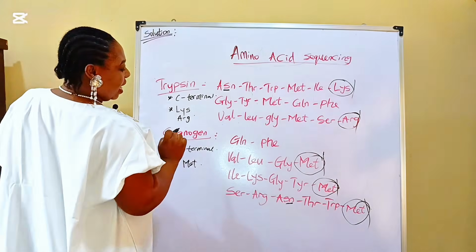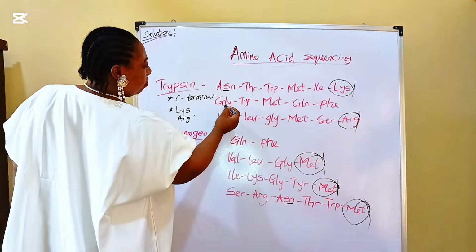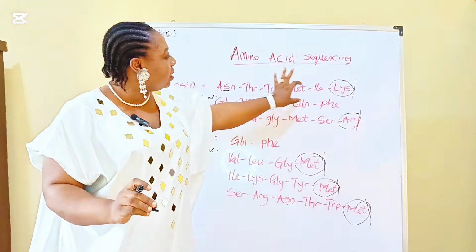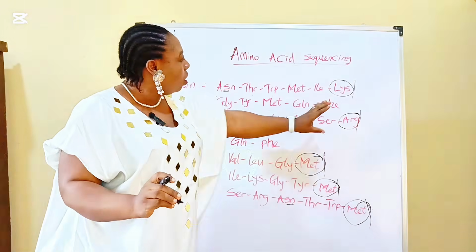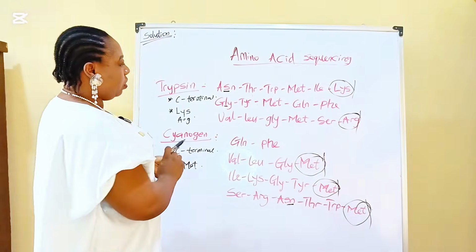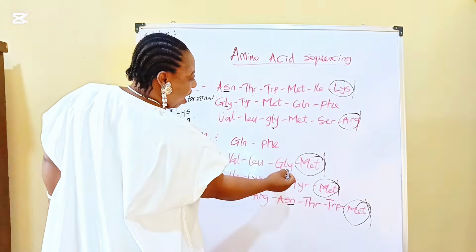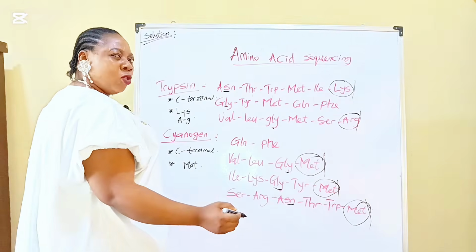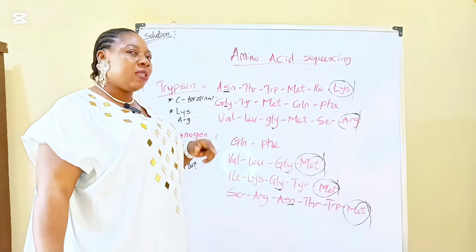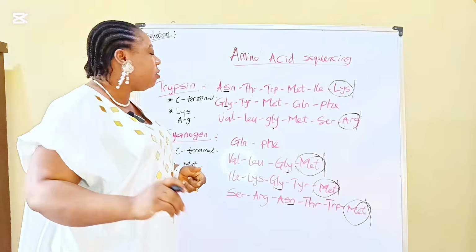Okay, if I decide to start from here, is there any other place where this amino acid starts, or where it is inside of this sequence? Oh, you see, we have it here, here, and here. So definitely this particular amino acid cannot start this sequence. Let's move on.